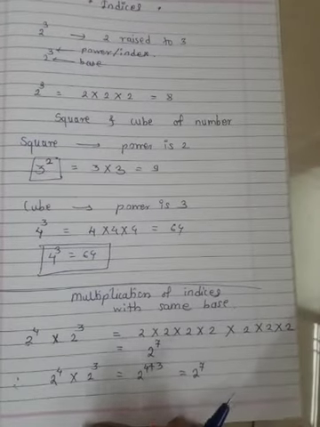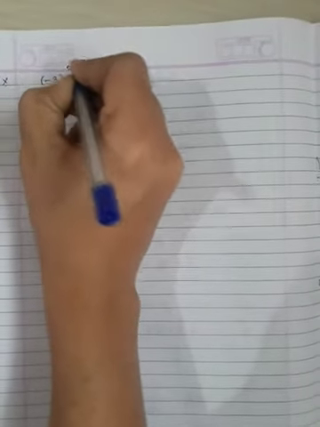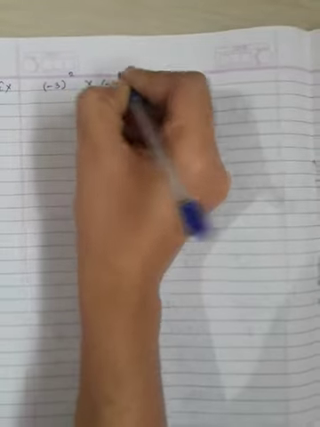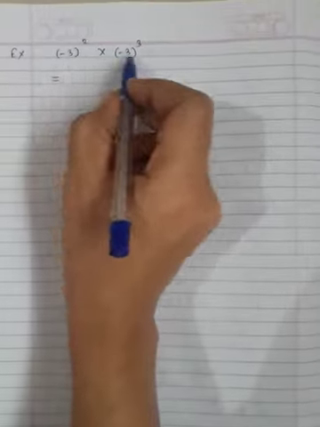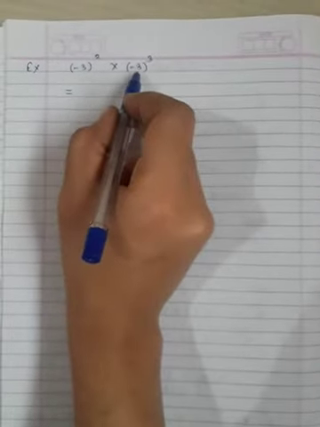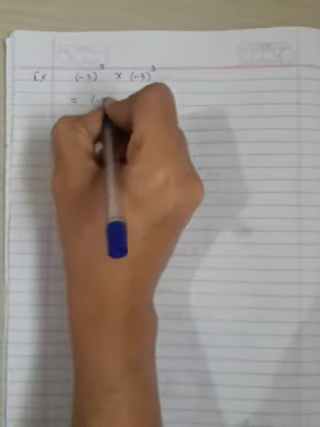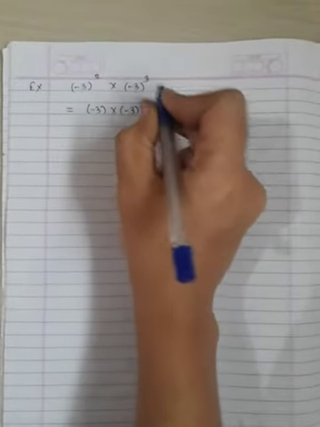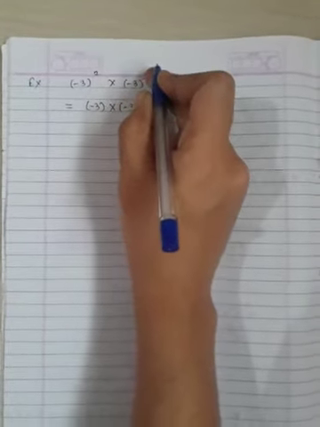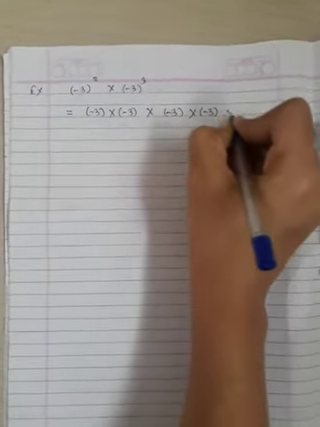Again, see one more example: minus 3 raised to 2 into minus 3 raised to 3. Now see the multiplication of these two indices. Their base is the same, minus 3. Minus 3 raised to 2 means multiply minus 3 two times, with this multiplication sign. Minus 3 raised to 3 means multiply minus 3 three times.